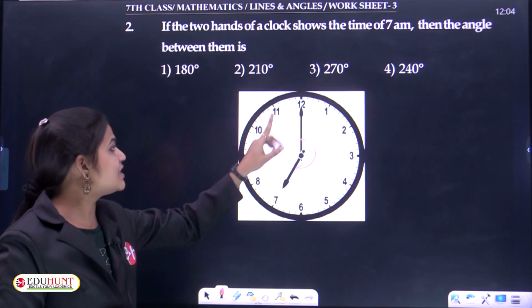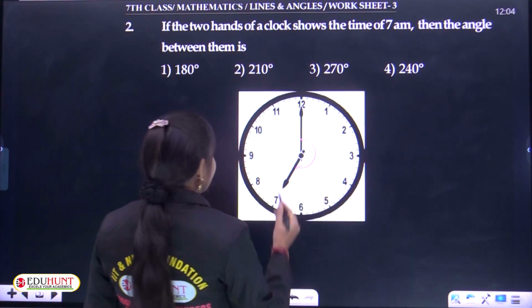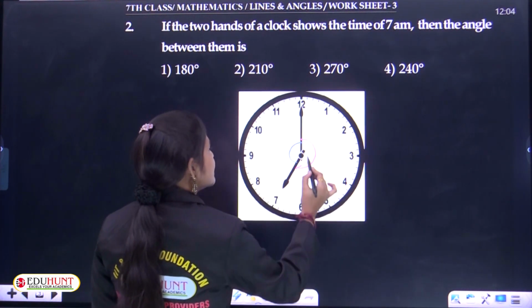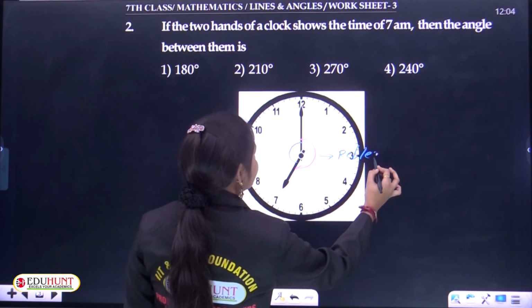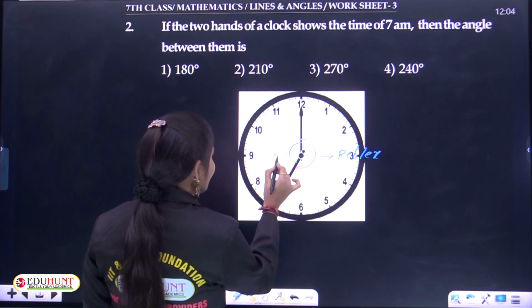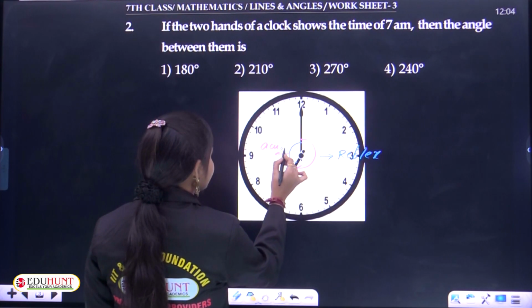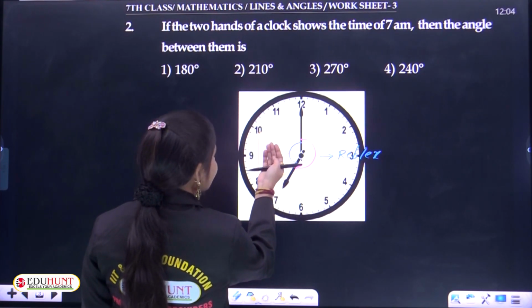As per the options, here we have two kinds of angles. See here, this is one kind of angle and this is another kind of angle. This is a reflex angle. And come to this one, this is acute angle. Sorry, obtuse angle, greater than 90 degrees.